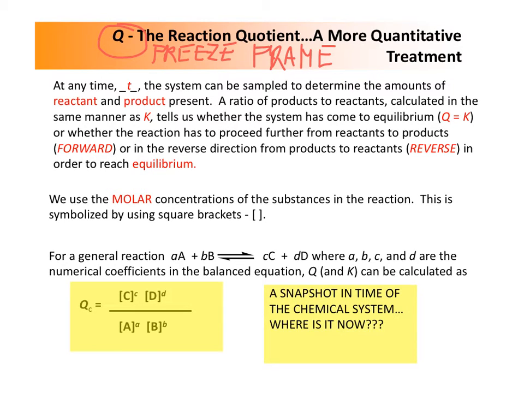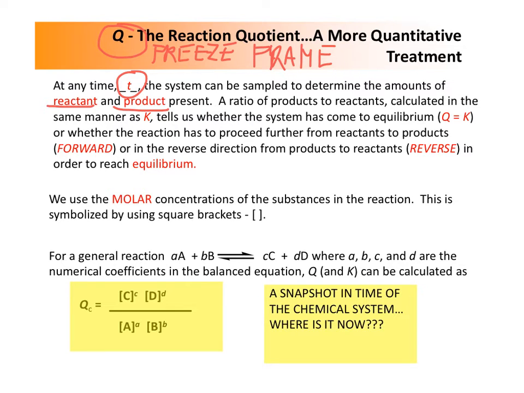And when you first put them together and determine the concentrations or the relationships, it's called Q. It's what happens before you've had enough time to reach equilibrium. So as a definition, at any time t, the system can be sampled to determine the amounts of reactant and product present, and this is before it has reached equilibrium.